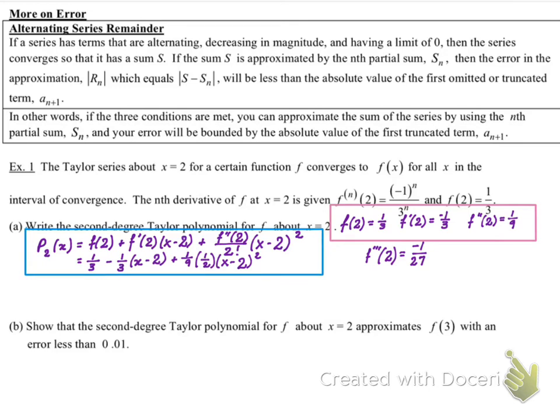I think I just said that we could find a value, but actually all we're looking for here is a second-degree Taylor polynomial for f about x equals 2. Then, in part B, we find the second-degree Taylor polynomial about x equals 2, which will approximate f of 3 with an error of less than 1/100th.